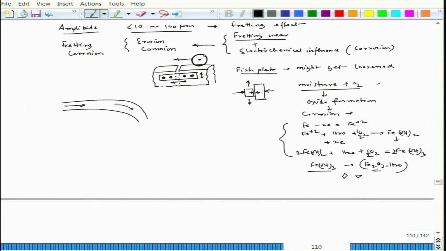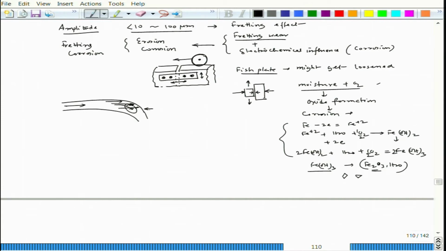One is that the fluid is hitting this particular wall. At the same time, there will be a lot of turbulence around this place, and at the same time the fluid itself has its own corrosive action, and because of that this portion would get a lot of erosion corrosion.